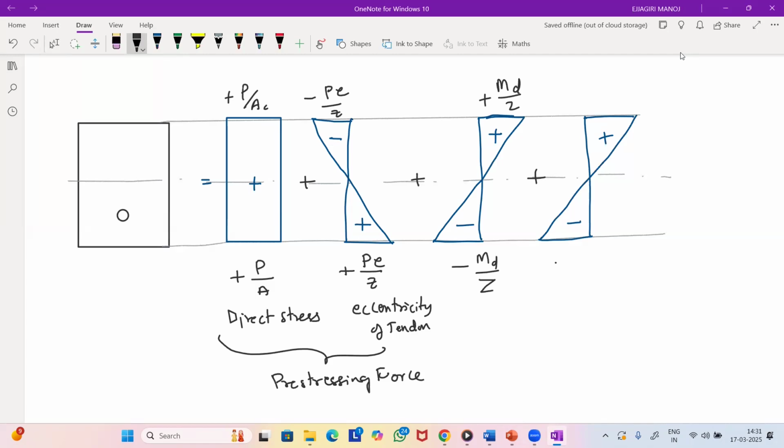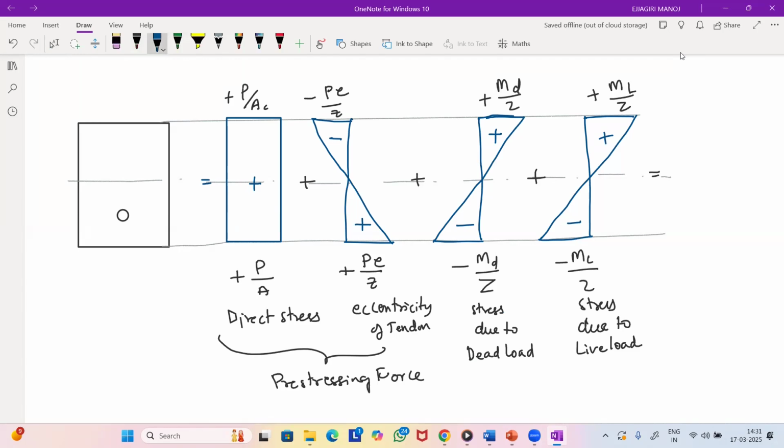It will be minus moment due to the live load divided by Z, plus moment due to the live load divided by Z. This is the stress due to dead load. This is the stress due to live load.